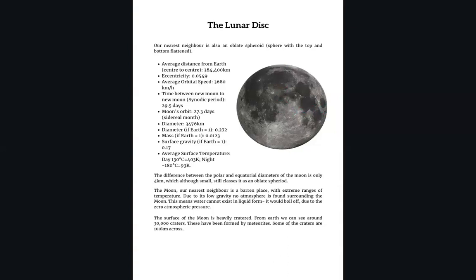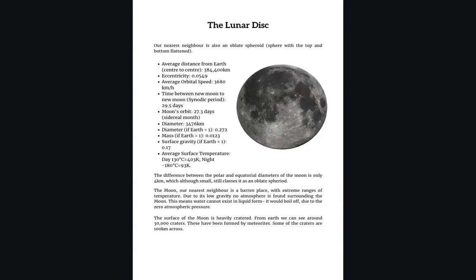The moon has no atmosphere, and this is because the moon is so small, it doesn't have enough gravity to be able to retain an atmosphere. For a planet or a satellite to have an atmosphere, it has to have enough gravity to hold that atmosphere in place, and the moon doesn't have one.